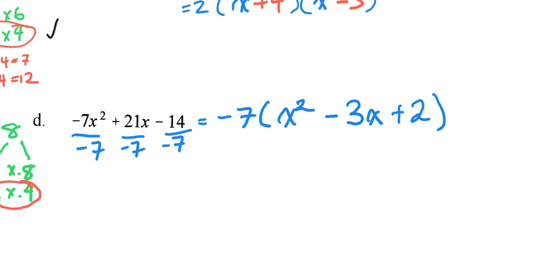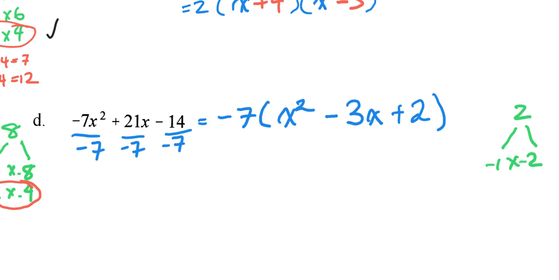So now let's come up with a tree for 2. Oh boy, that's easy. Ready? 2 splits into 1 times 2. Hey, that's easy, right? Now, the key is, because I have a positive at the end, here's the rule. Both of them must be negative, right? Because the middle term is negative, because it needs to add negative. So, boom, boom.